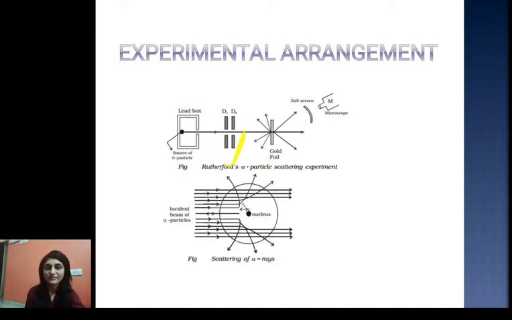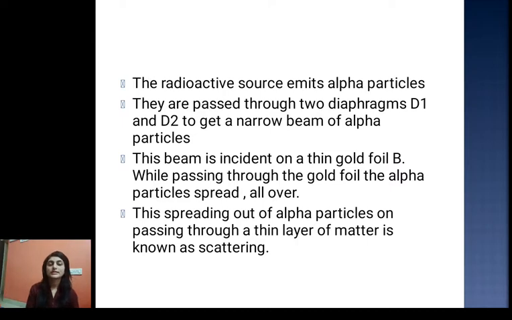Then we have diaphragms D1, D2, and the beam is made to fall on a gold foil. The radioactive source emits alpha particles. They are passed through two diaphragms D1, D2, and these diaphragms are used to get a narrow beam of alpha particles. Now, this beam is incident on a thin gold foil.